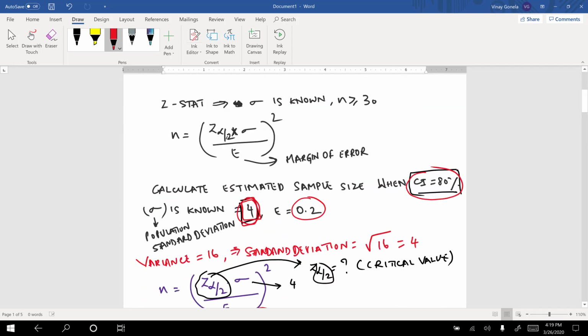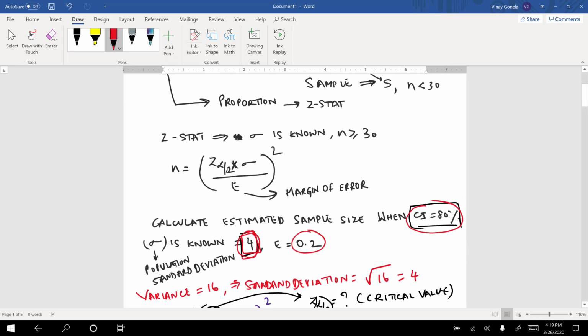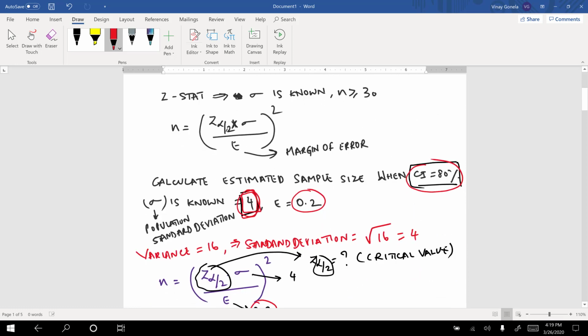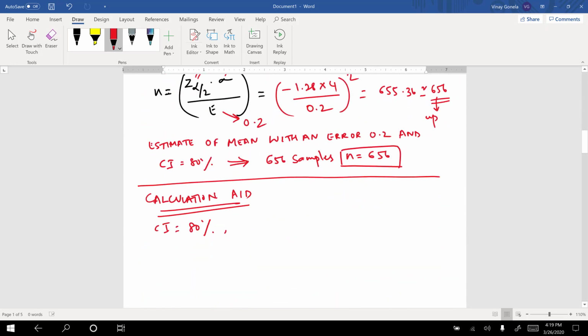Let me check. I keep forgetting these terms. So sigma is known, and it's 4. That is, the population standard deviation is 4, and your margin of error is 0.2.